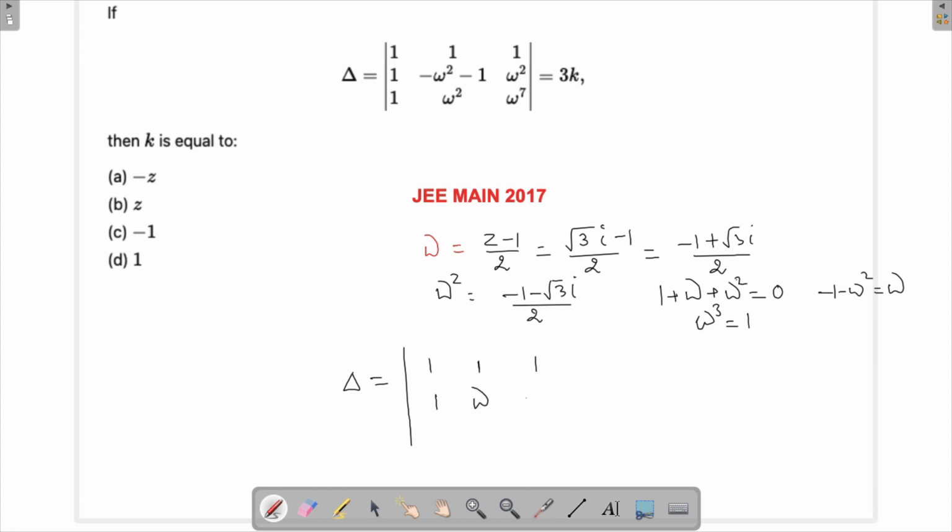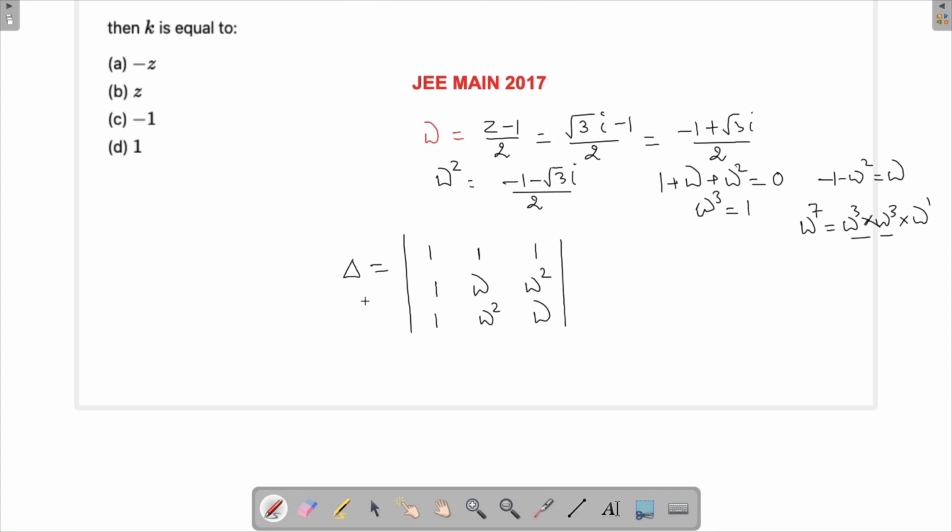Now, this could be written as omega square, and then this will be omega square itself. But omega raised to the power 7 can be written as omega. Why? Because omega raised to the power 7 could be written as omega cube into omega cube, right? Into omega to the power 1, right? And this is 1, this is 1. So 1 into 1 into omega. So this will be omega, right?